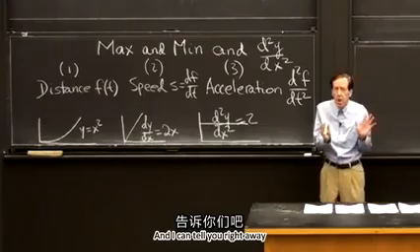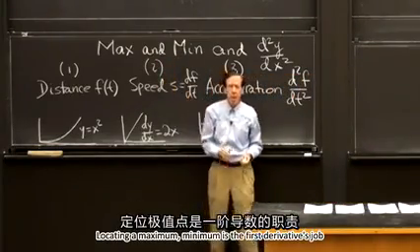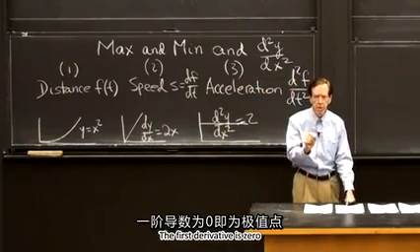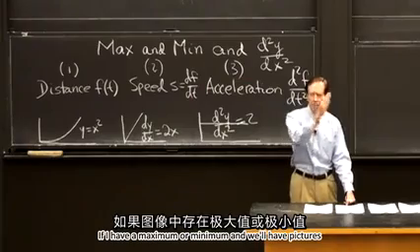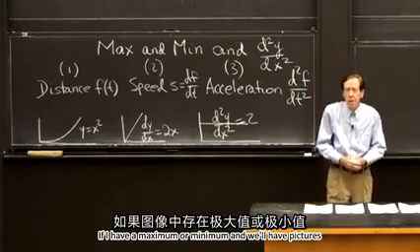And I can tell you right away, locating a maximum or minimum is the first derivative's job. The first derivative is 0 if I have a maximum or a minimum, and we'll have pictures.